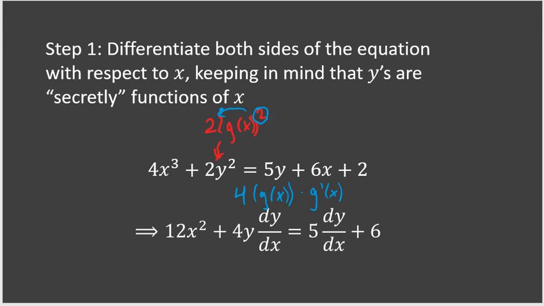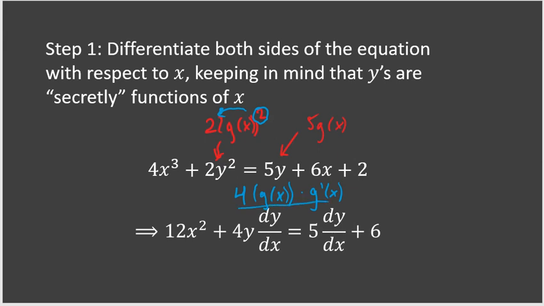Equals, now we have 5 times g of x here. And we know that when we just differentiate some random arbitrary function g of x, we just get left with g prime of x.